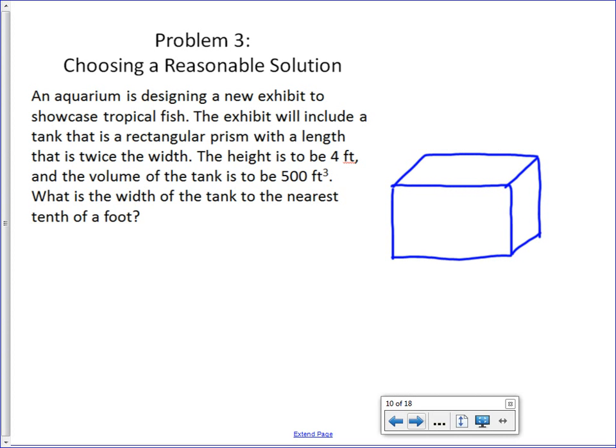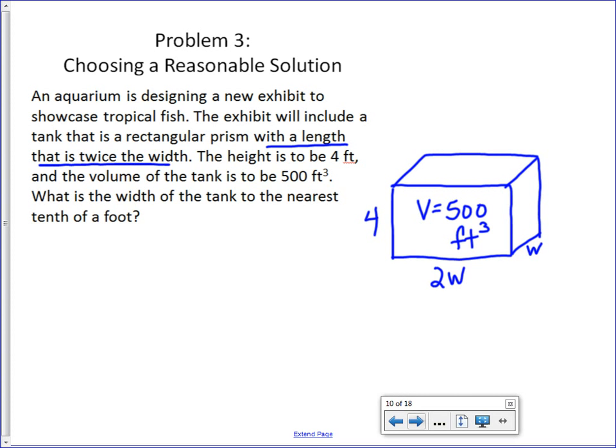It says with a length that is twice the width. All right, so if I use W for my width, my length is going to be twice W, 2 times the width. The height is to be 4 feet, and the volume of the tank is 500 feet squared. What is the width of the tank to the nearest tenth of a foot?